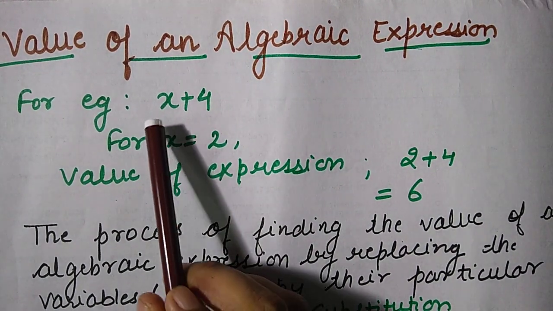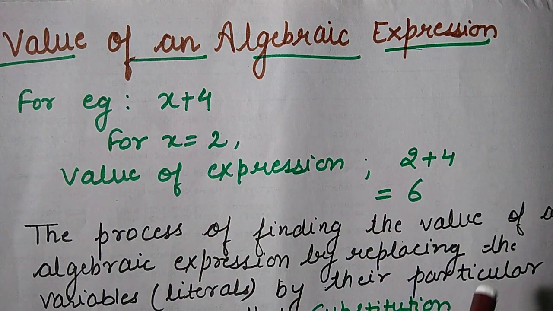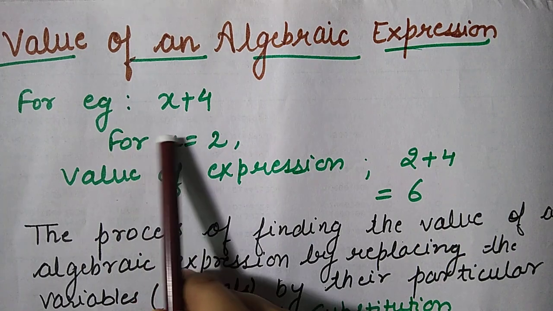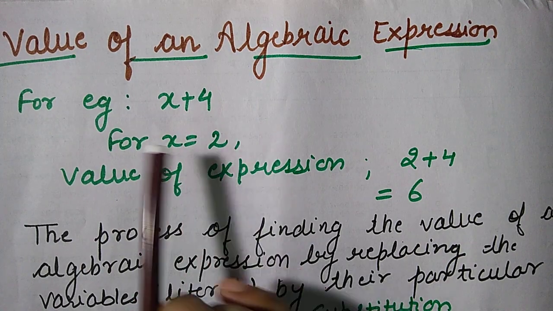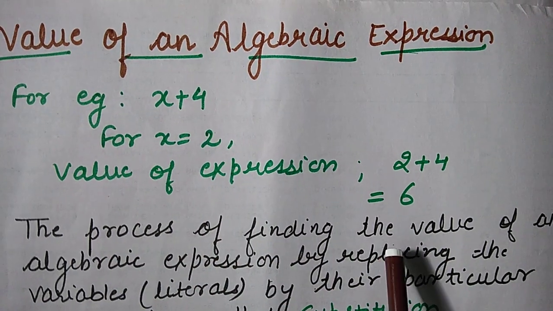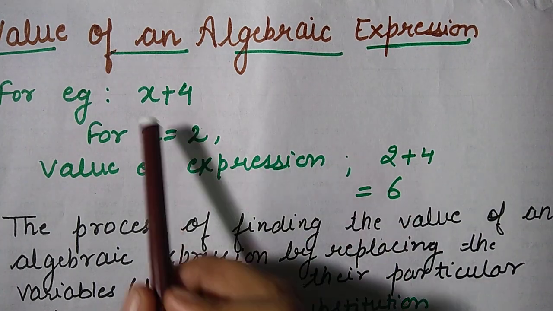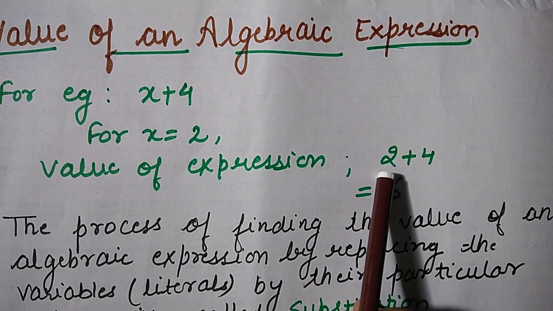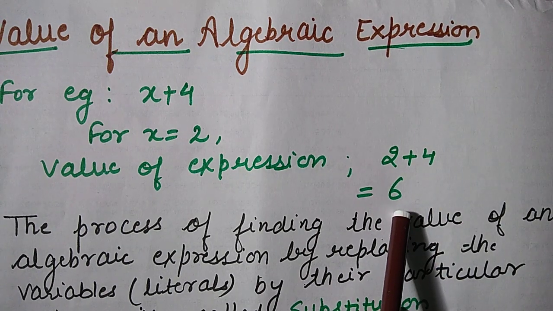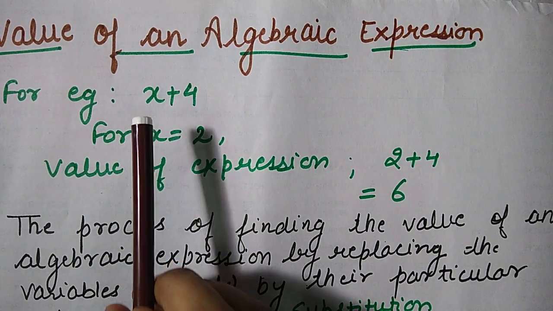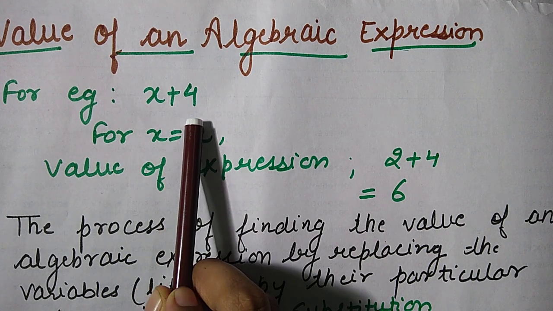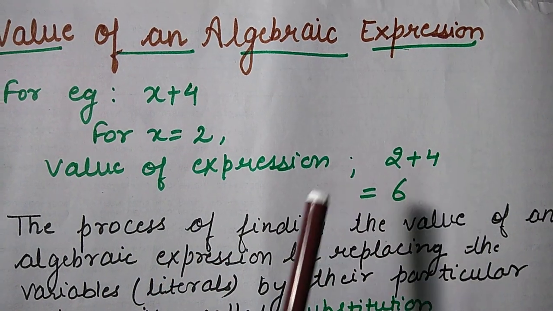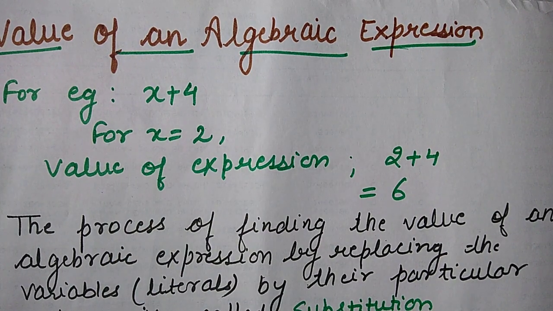So I will substitute x is equal to 2 in the algebraic expression for finding the value of that expression, okay? So I have just replaced x by 2 so that I will get 2 plus 4 is equal to 6. So the value of x plus 4 is 6 when x is taken as 2.